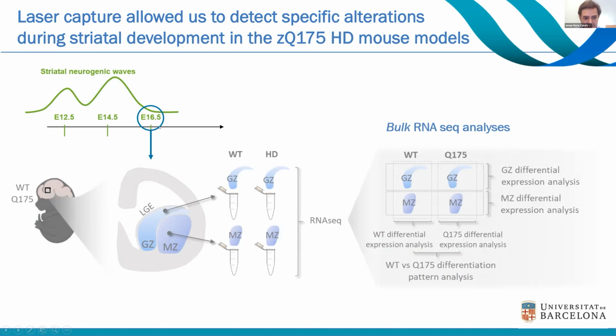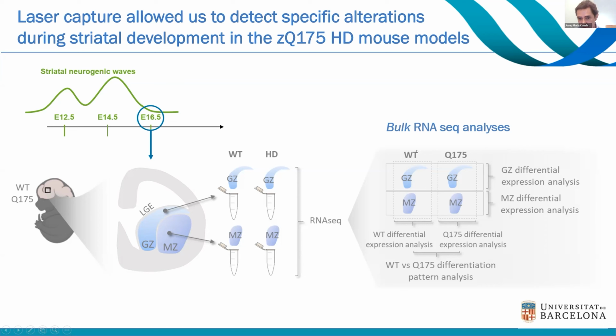And to better understand which are the changes that occur during the progenitor stage and which are the changes that occur in the mantle zone, where we have the postmitotic neurons, we have dissected the two areas using laser capture. Okay? And we have compared all the samples generated.